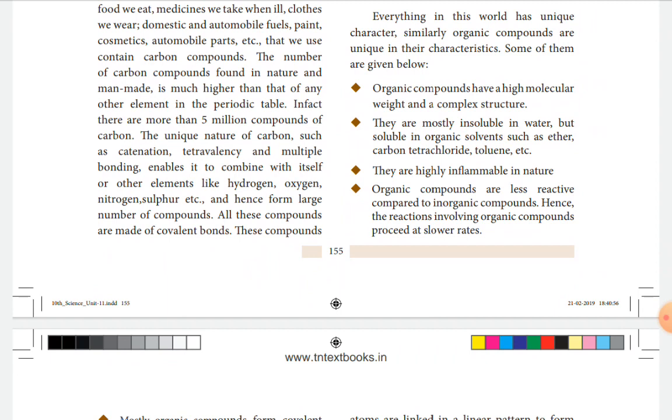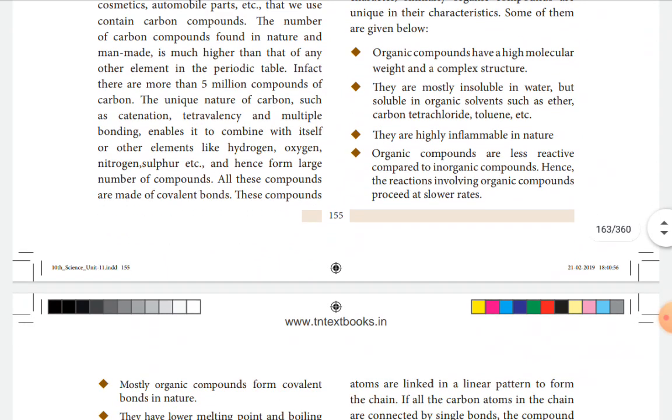Already we learned in the solution lesson, like dissolves like. Do you know the meaning of this? Chemists normally use this term, like dissolves like. That means polar solvent dissolves polar compounds. Non-polar solvent dissolves non-polar compounds.